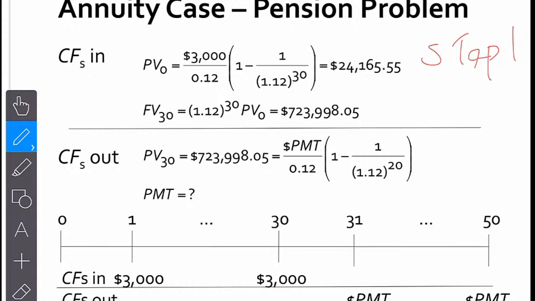You're using the 12% for 30 periods of deposits or contributions, contributions of the size 3,000.